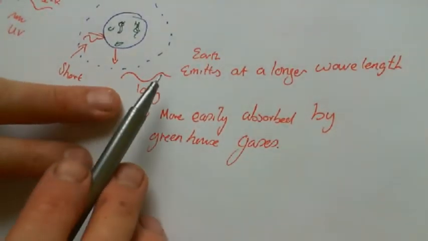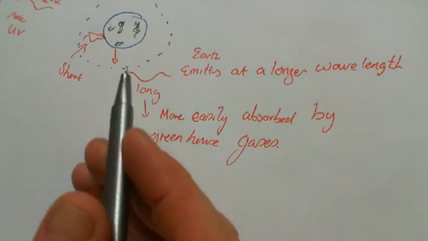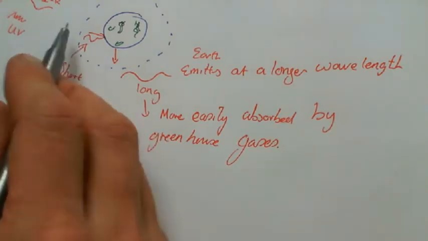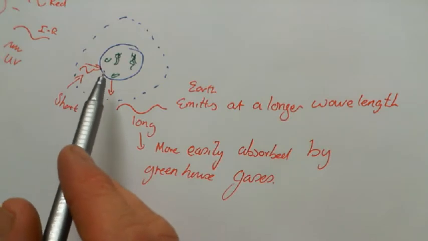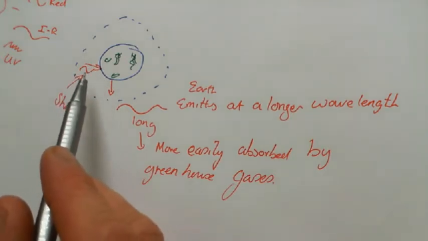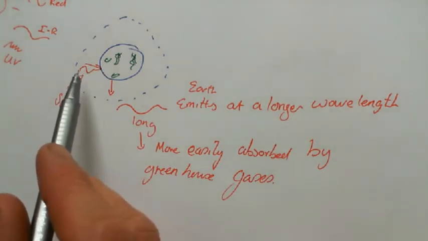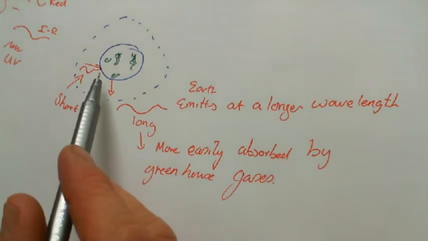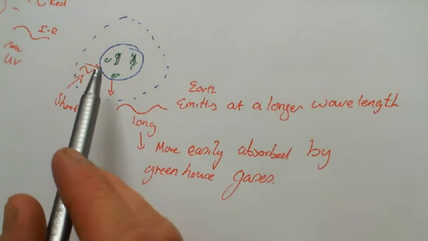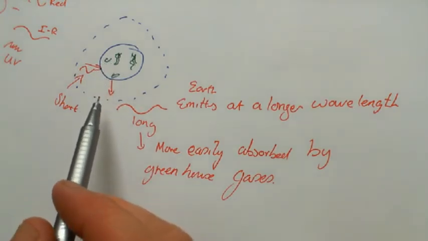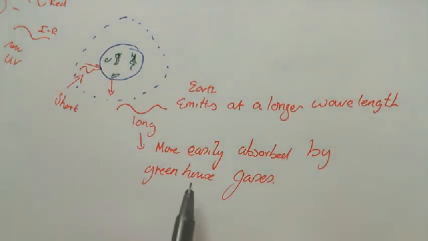So the short infrared or red light or visible light comes in, manages to get through the atmosphere and hits the Earth, and then it is being emitted by the Earth. But the wavelength that it is emitted back out at can't get past the greenhouse gases, because the greenhouse gases will absorb them.